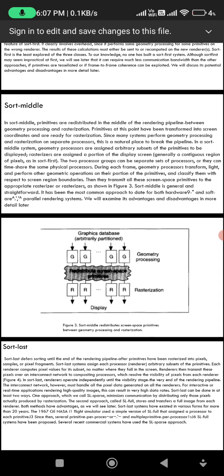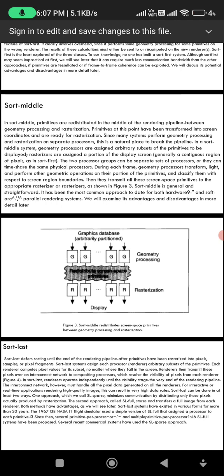In a sort middle system, geometry processors are assigned arbitrary subsets of the primitives to be displayed. Rasterizers are assigned a portion of the display screen, generally a contiguous region of pixels as shown in sort first. The two processor groups can be separate sets of processors, or they can time share the same physical processor.